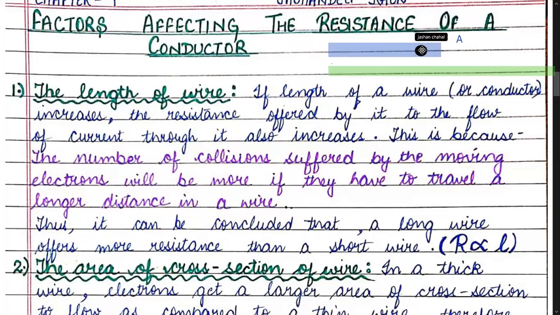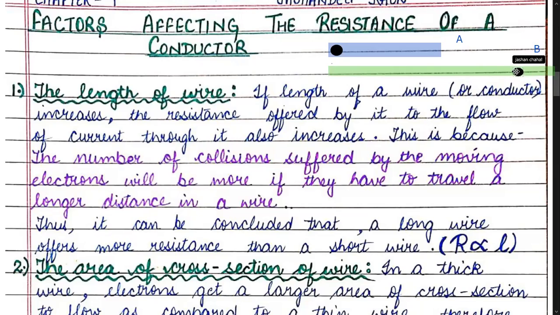So students, the electron will be colliding with the positive ions and then it will reach the other end. The same happens in wire number 2 or wire B. In wire B, again, the electron has to go from one end to another end.